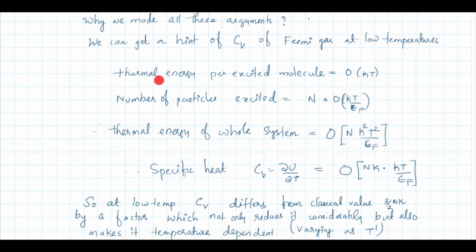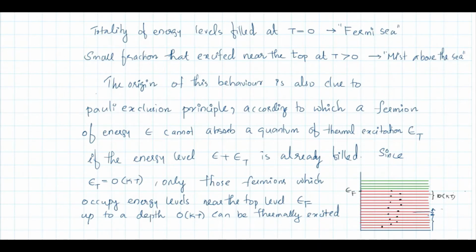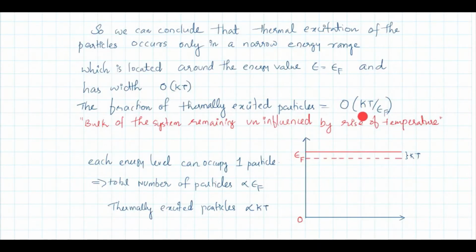How? I will explain. The thermal energy per excited particle is of the order of kT. At a temperature T, the thermal energy is of the order of kT. And the total number of particles that get excited will be n into order of kT by EF. What is this kT by EF? That is the fraction of particles excited to the higher levels.